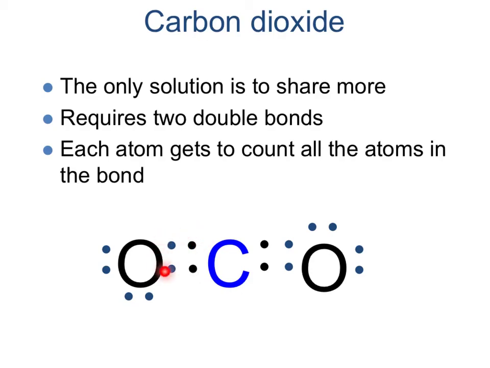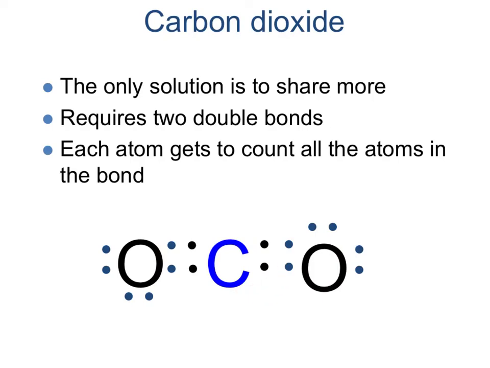These 4 here are in those covalent bonds. We have a single bond here and another single bond here, so we've actually made a double bond. This is a double bond between carbon and oxygen. So oxygen is happy. And the same thing over here. We've got a double bond between this carbon and the oxygen. Oxygen is happy because it has 8 around it, and carbon is happy because it has 8 around it.